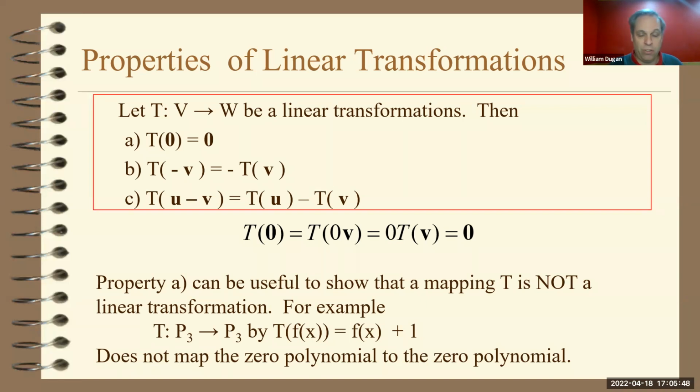In fact, in my previous example, when I went from the polynomials of degree 3 or less into the set of polynomials of degree 3 or less, where the mapping was just return the function and add 1, if you take T of 0, you get 1. You don't get the zero vector back. So that mapping could not have been a linear transformation because it violates this property right away.